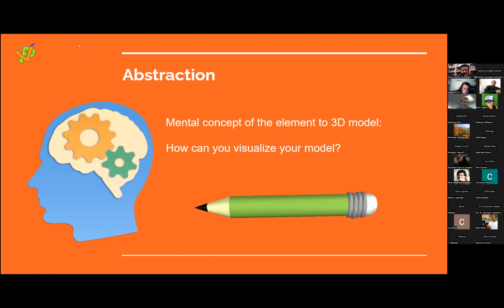So I believe that this is the connection between the abstraction idea of computational thinking and how you can use 3D to foster it. As in, okay, you want to model a car, you want to model a plane, you want to model a house. First thing you have to do is to think about it. What do you really want to do?